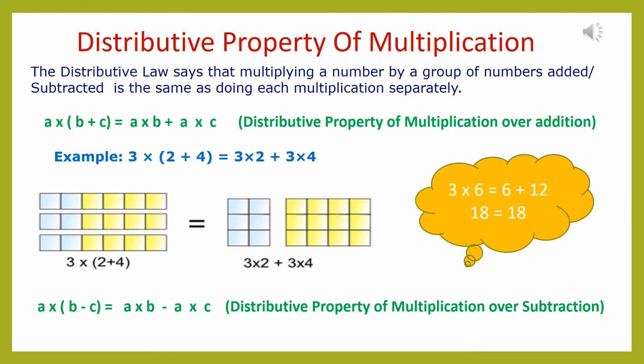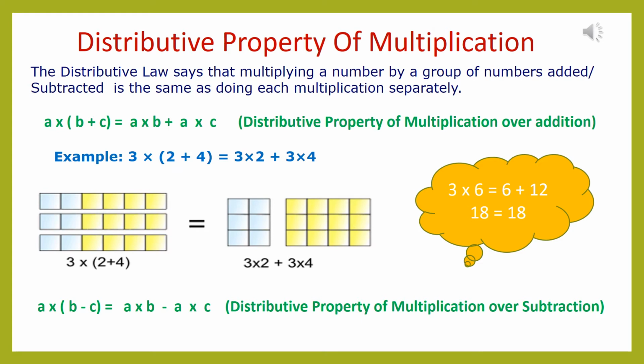Distributive property of multiplication. This property shows that multiplication of a whole number is distributed over the sum or difference of the whole numbers. Suppose A, B, and C are 3 whole numbers.